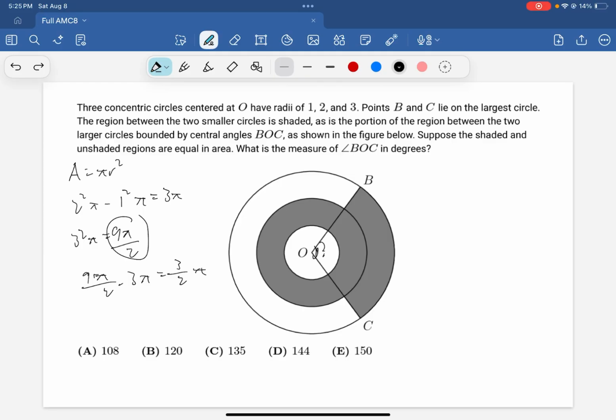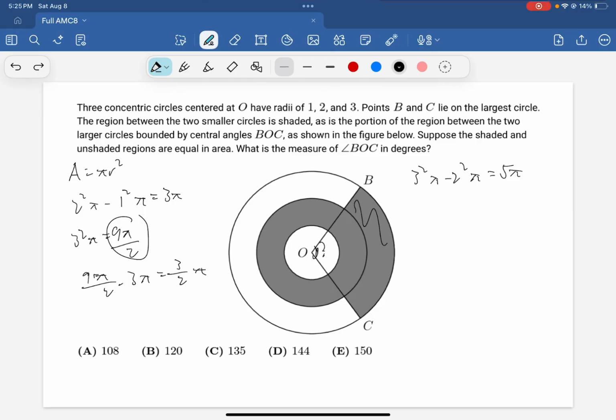Another way to write it is using the measure of BOC. If you take this entire outer area, that is going to be 3 squared pi minus 2 squared pi, which equals 5 pi. So this entire outer section is going to be 5 pi.